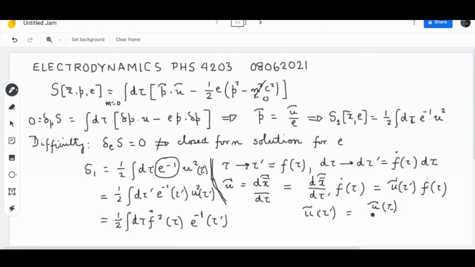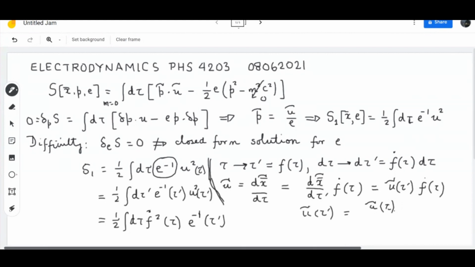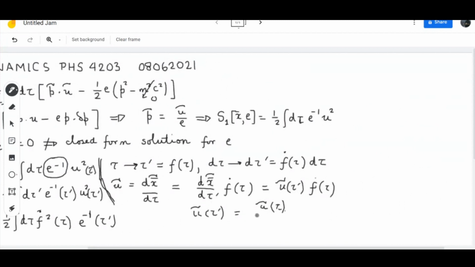U of tau divided by f dot of tau. So there's a dot here, which implies that U squared of tau prime is equal to U squared of tau divided by f dot squared of tau.